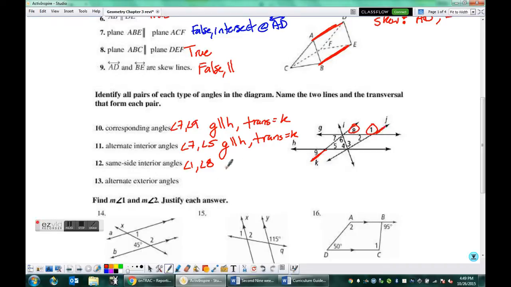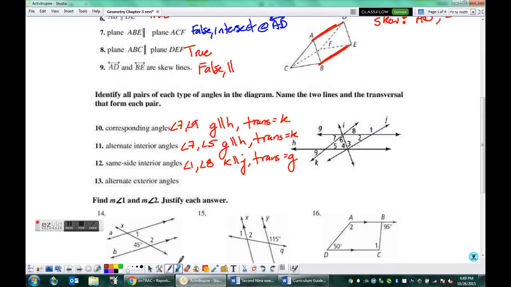You'll notice now they are using K and J, and the transversal is going to be the line they share, which is G here.